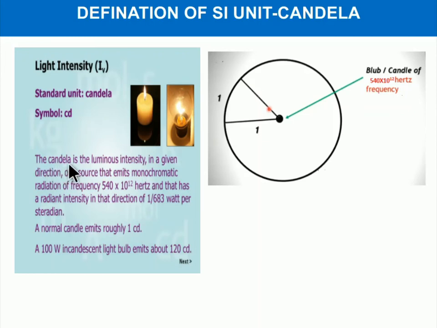So, the candela is the luminous intensity in a given direction of a source that emits monochromatic radiation of frequency 540 into 10 the power 12 Hz and that has a radiant intensity in that direction of 1 by 683 watt per steradian. A normal candle emits roughly 1 candela. A 100 watt incandescent light bulb emits about 120 candela.